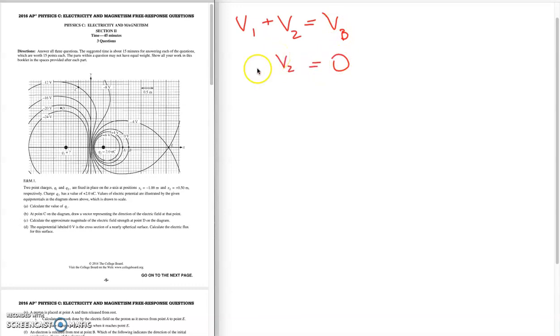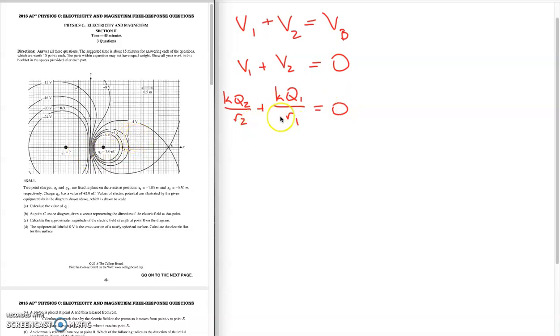So V2 plus V1. Well, from a point charge, voltage is going to be kQ1 over R1. And then we'll have the same thing from the other one. And they add up to be the voltage at point B, which we've established based on the diagram is 0 volts.